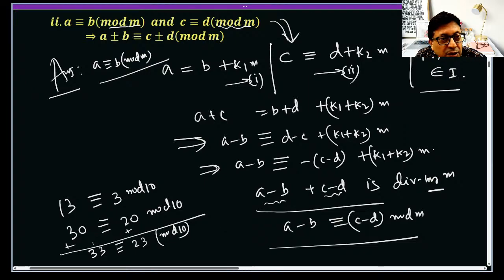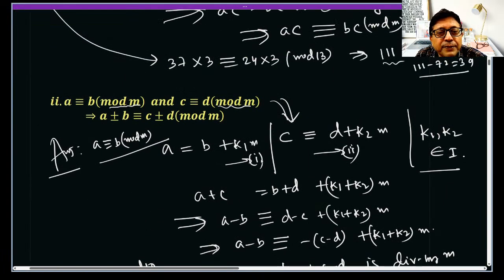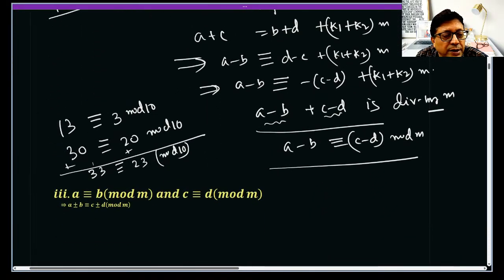So you can add two congruencies if they are under the same modulo. Similarly, you can prove that you can subtract two congruencies also. Do you understand? So if you add or subtract two congruencies under the same modulo, it will remain valid.